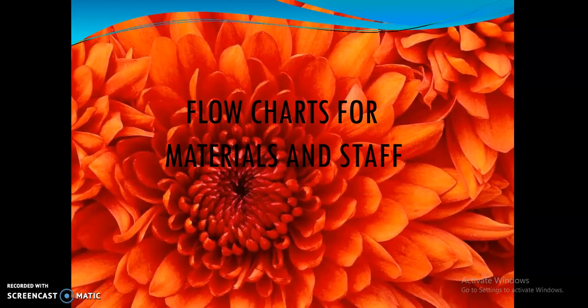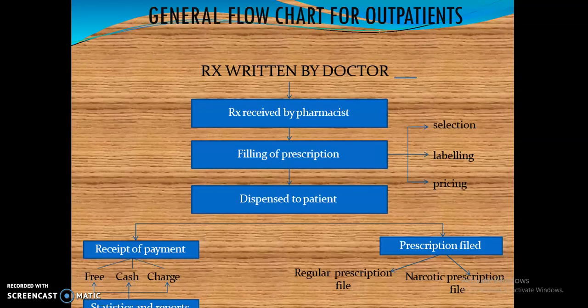Then in the next slide we are going to discuss the flow charts for the materials and the staff. So you can see on the slide the general flow chart for the outpatient. We are going to discuss in brief how it is. You can see there is a prescription received by the pharmacist.